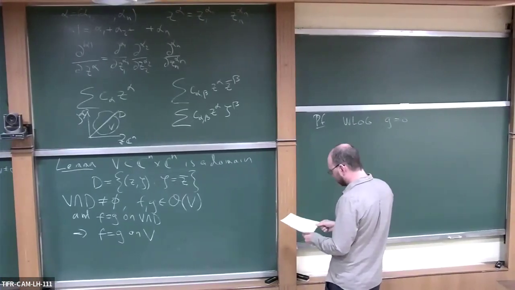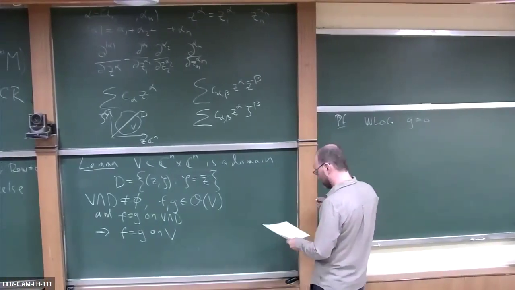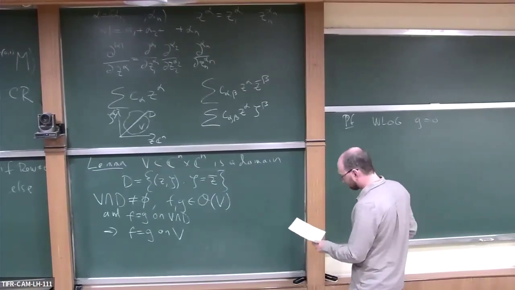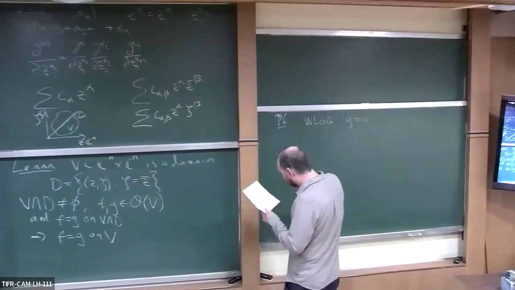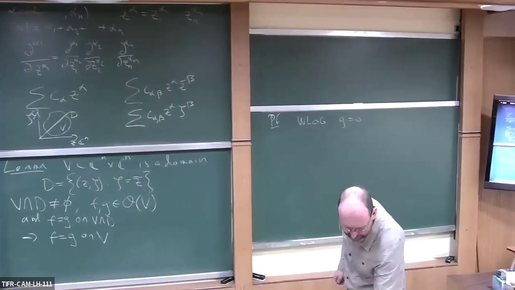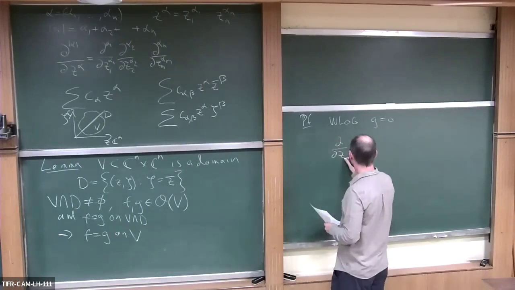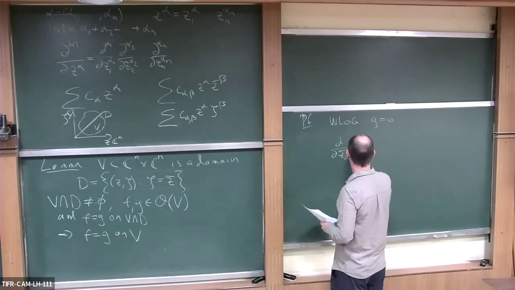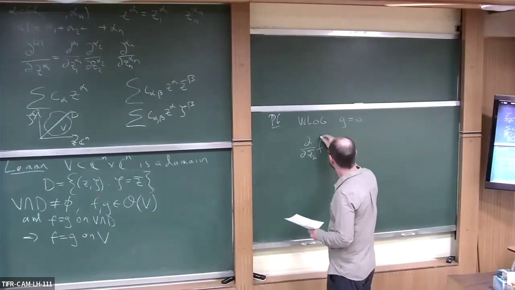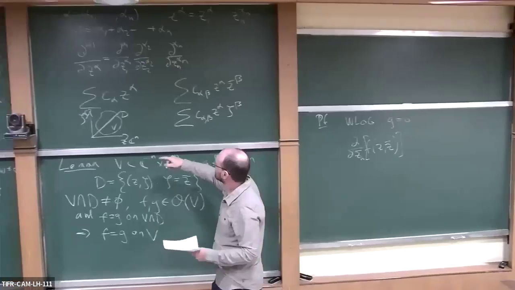And if I look at the derivative in z bar of F, this is F defined on this set, right?